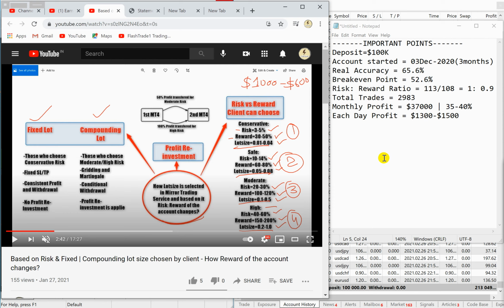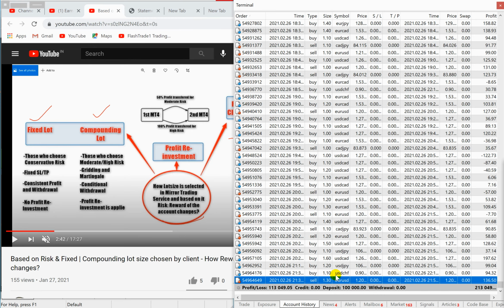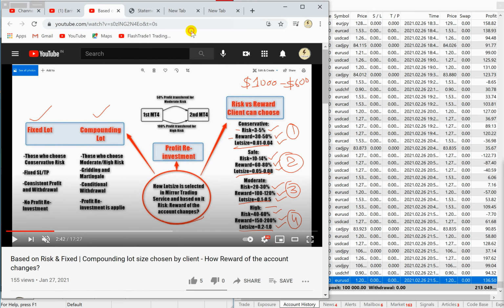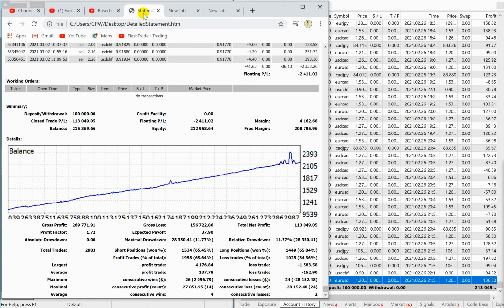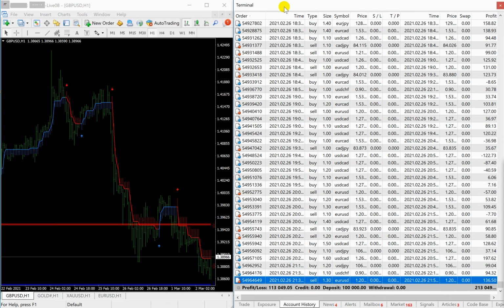As this account is of 100k, the lot size used on this account is 1 to 2 lots maximum. So you can also gain the same kind of profit in your account as we are doing here.